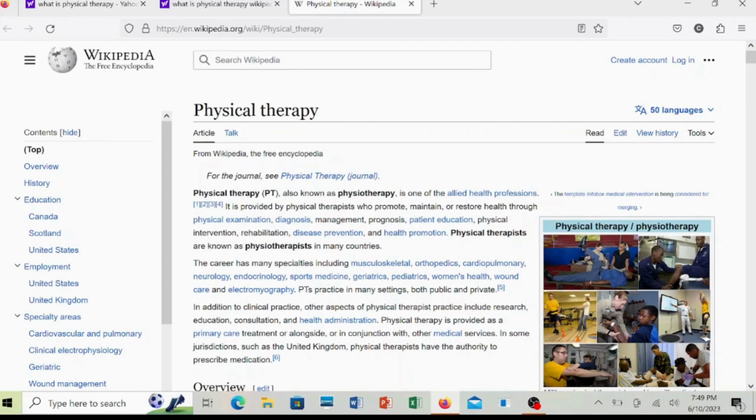It's provided by physical therapists. So right off the bat, if you're someone who doesn't know what physical therapy is and you type in Wikipedia, what is physical therapy? In the definition, it actually uses the word physical therapy. Like, you can't do that if you're defining that.